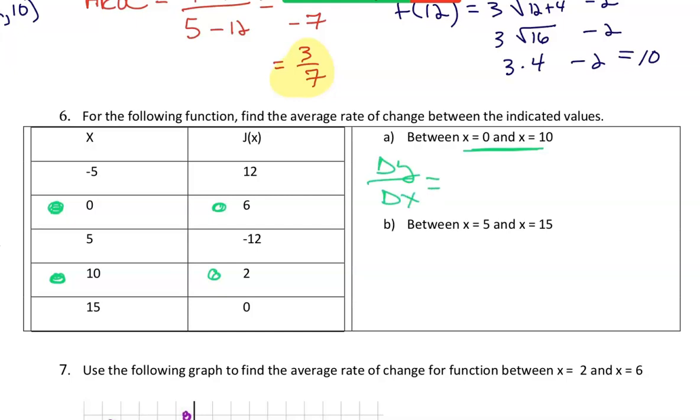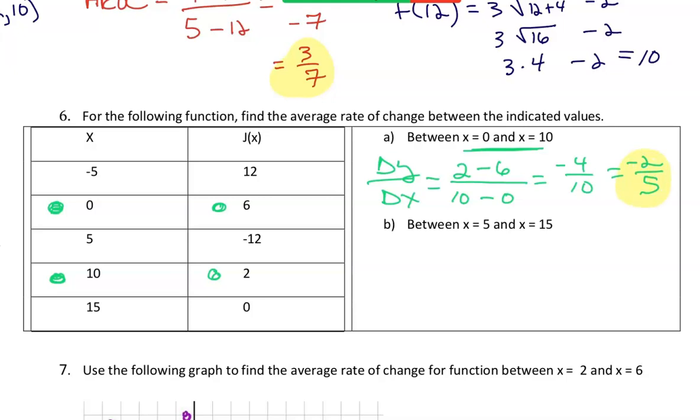So I'm going to say 10. So I'm going to have my x's down here, my y's up above. If I start out with the 10, I'm going to say 2 minus 6 over 10 minus 0. So that's a -4 over 10. If you want to reduce it, it's -2/5, and that is the average rate of change according to this table.